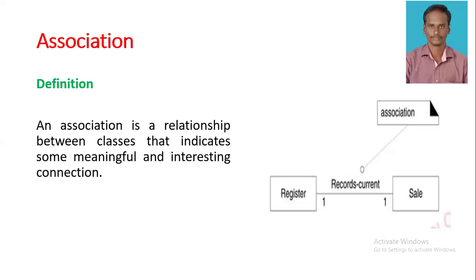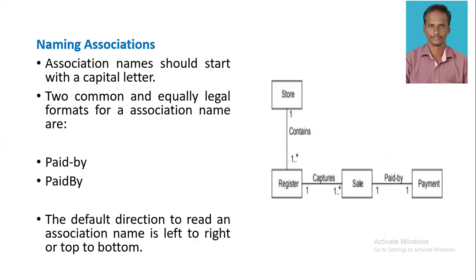So as per the definition, it is a relationship between two classes and it indicates some meaningful and interesting connection between two classes. And let us see the naming of associations. An association name should start with a capital letter. Two common and equally legal formats for association names are Paid-by or PaidBy.